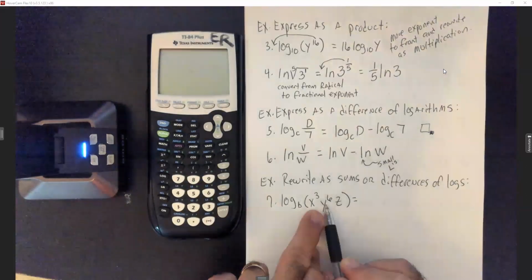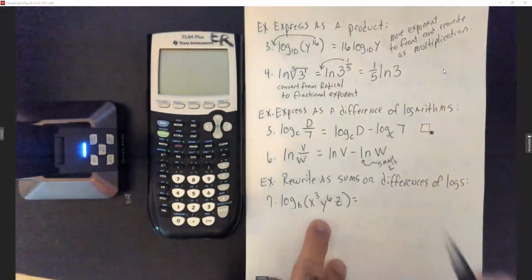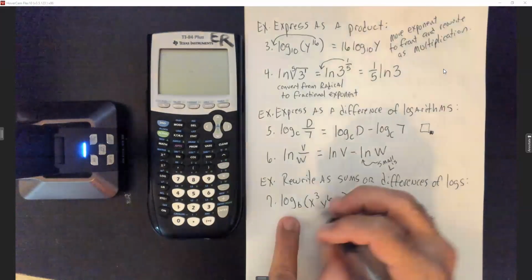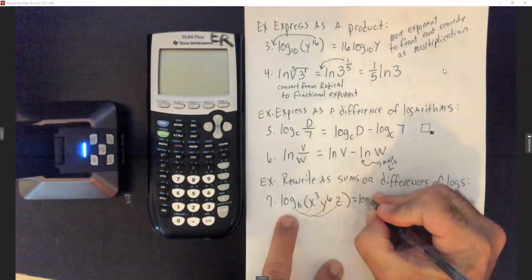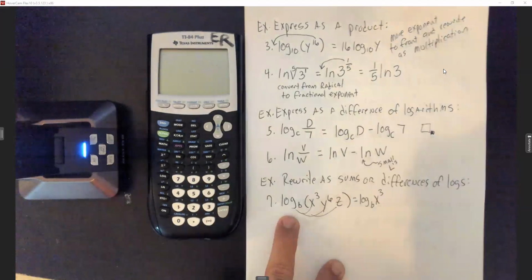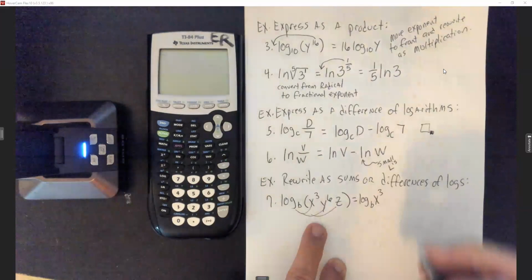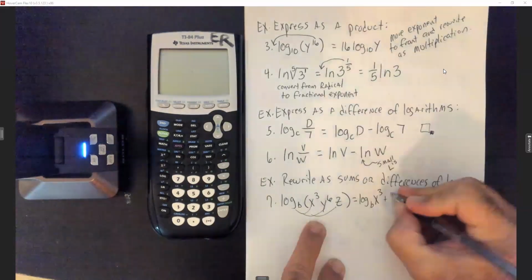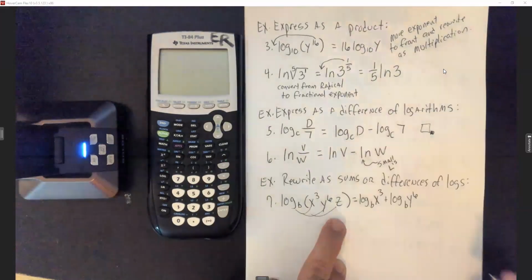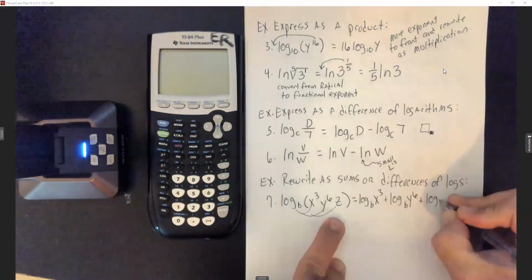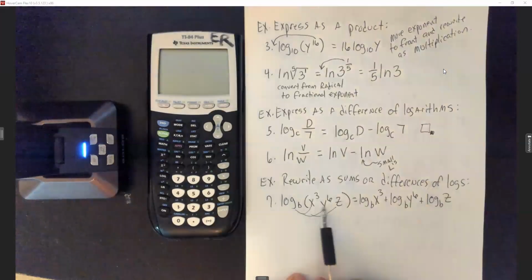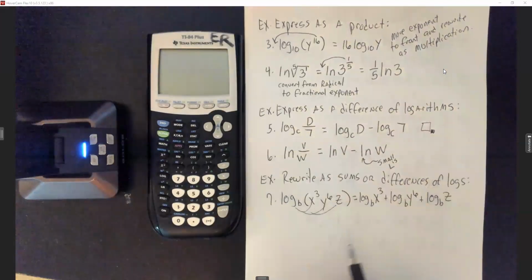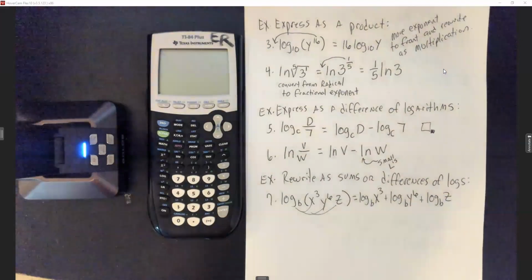The differences will come from the division. And I'm going to distribute my log B to all 3 of those. So I'm going to get a log B of x to the 3rd plus my log B of y to the 6th plus my log B of z. So every factor has to be split into this addition. So now, one more thing I got to do to these.